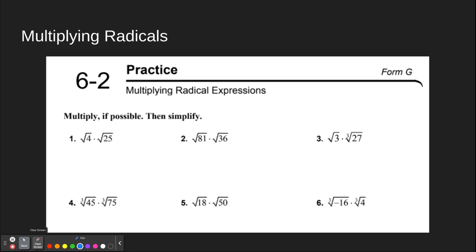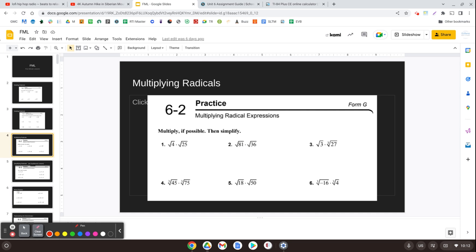Sometimes you want to multiply before you simplify. You'll get better at them as you go. This is just 9, and that's just 6. So we're going to want to write that as 54. Here, I don't know what the cube root of 45 is. I don't know what the cube root of 75 is. So I think the first thing I'm going to do for this one is just multiply those out. So let's see how I do that.